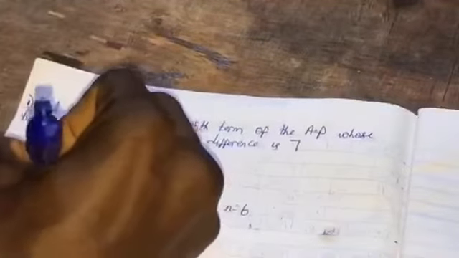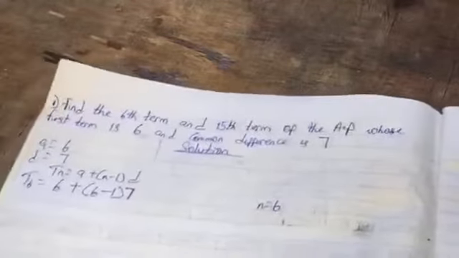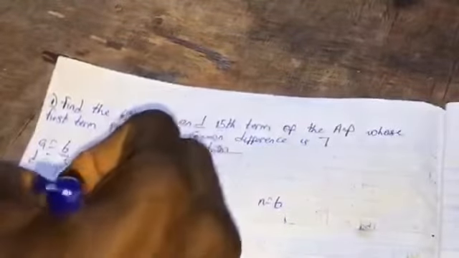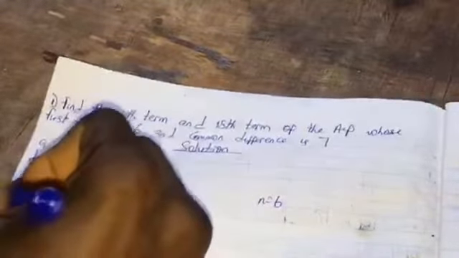Therefore your first term, which is 6, plus open bracket 6 minus 1 close bracket d, which is 7. Therefore your answer is 6 plus 5 in bracket 7. 7 times 5 is 35, plus 6. Therefore your 6th term is what?